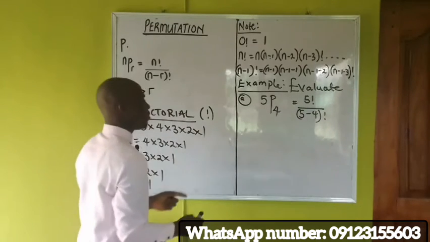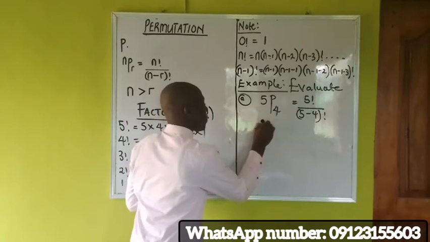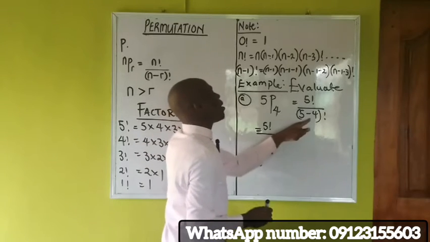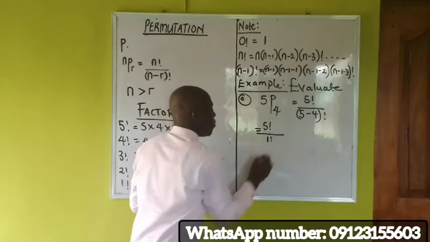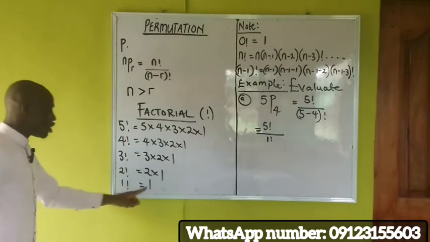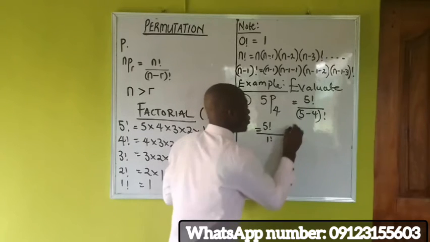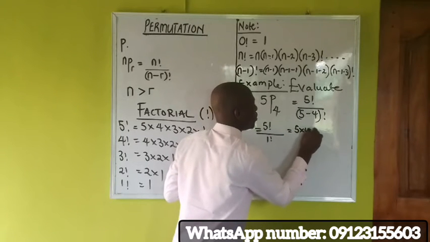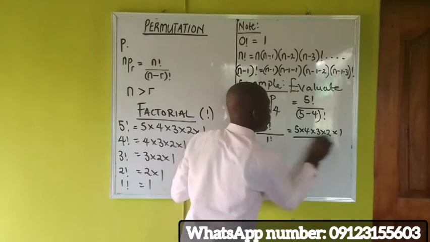If I proceed mathematically, I'll be having 5 factorial over 5 minus 4, which is 1 factorial. But we just said 1 factorial is simply 1. 5 factorial is 5 times 4 times 3 times 2 times 1 over 1.